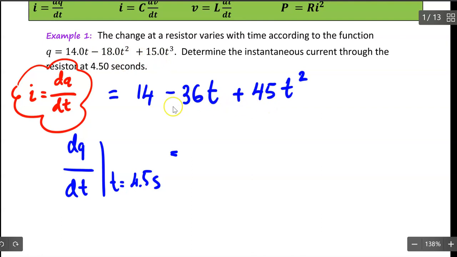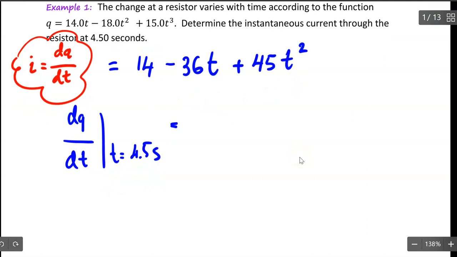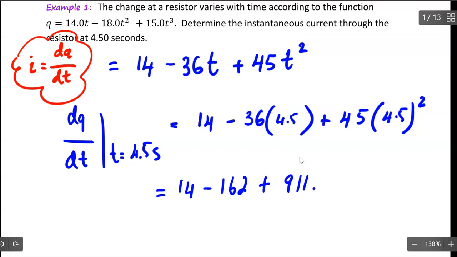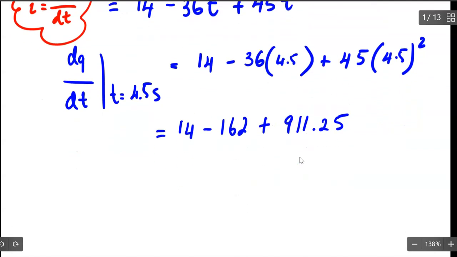Okay, in calculation you don't need to write the 3 significant digits here, but at the end, our final answer should be presented as 3 significant digits because all of these numbers are given to us in 3 significant digits. So I will take 14 subtract 36 times 4.5 and plus 45 times 4.5, all of it squared. So this will give me 14 subtract 162 plus 911.25.